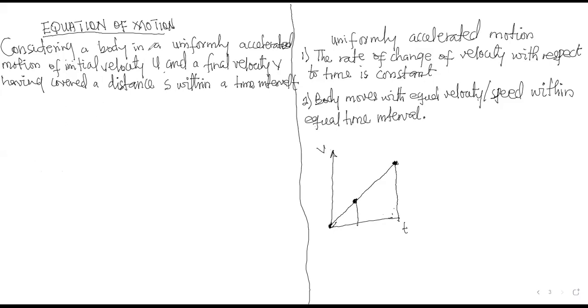So considering a body in a uniformly accelerated motion of initial velocity u and a final velocity v, the body starts from here and then ends here. Its initial velocity is u. It moves from this point to this point.